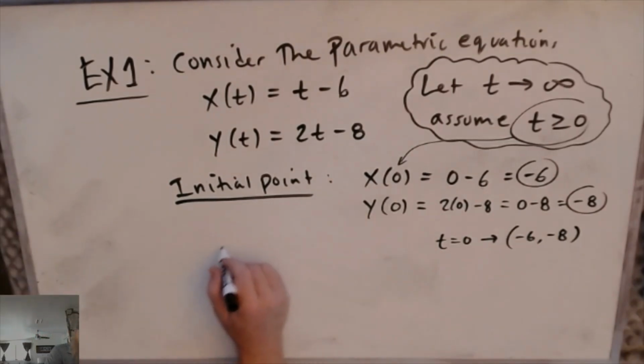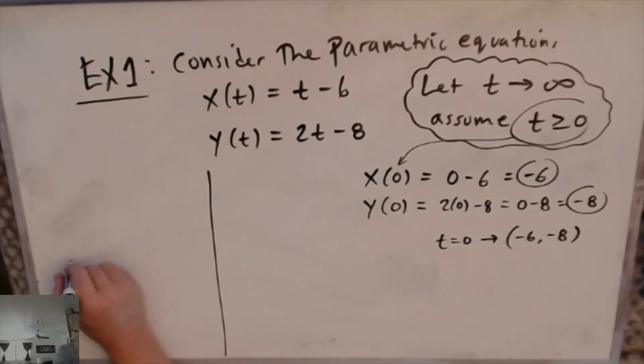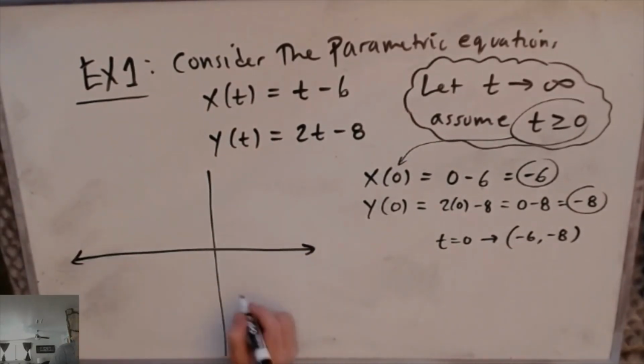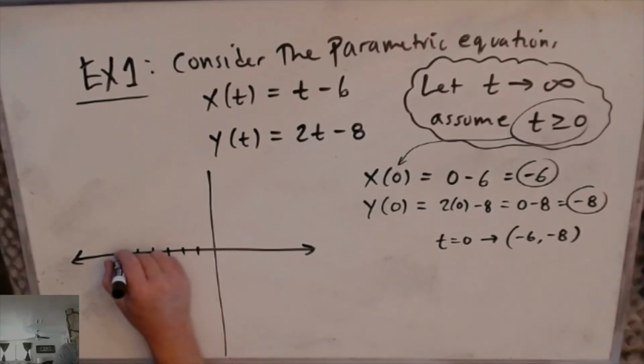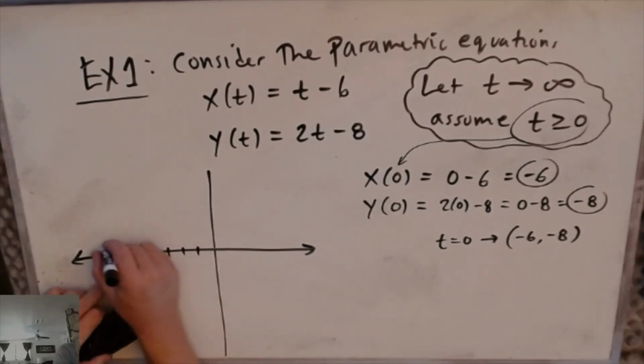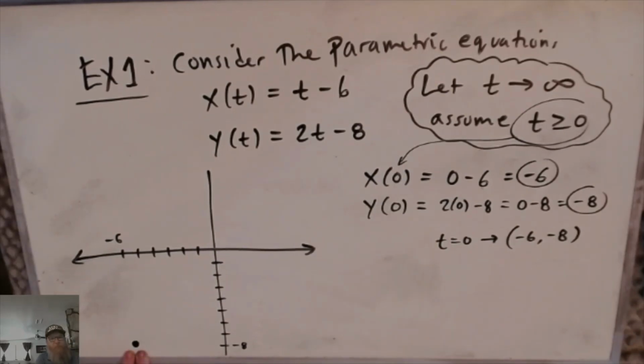So my graph is going to start way down here at the same point I mentioned earlier, I'm just being a little more precise this time: 1, 2, 3, 4, 5, 6, 7, -8. So it's as if the movie starts right here.